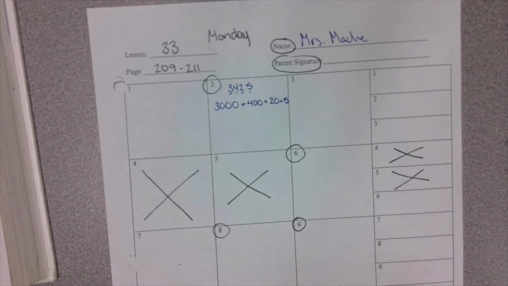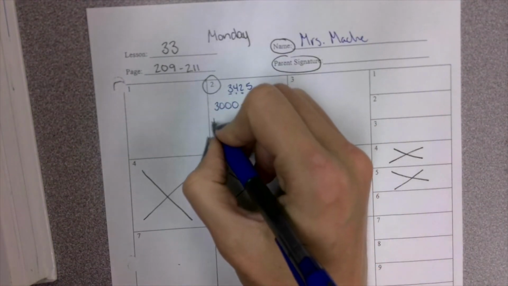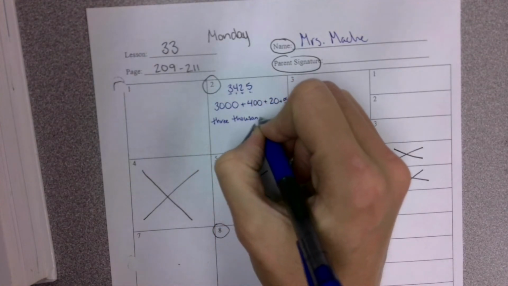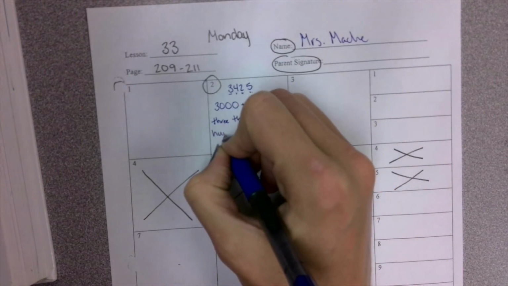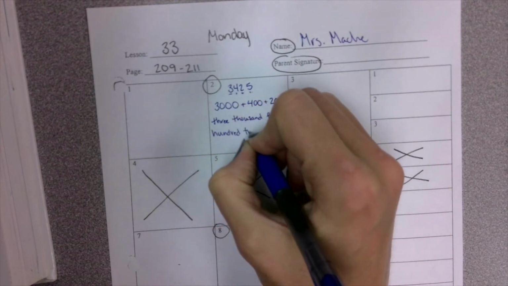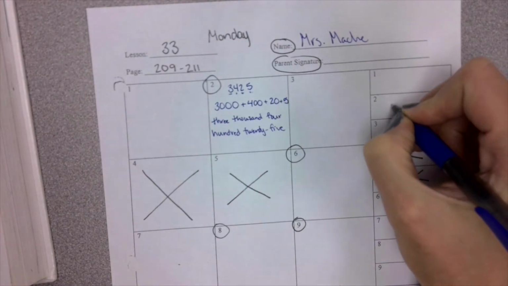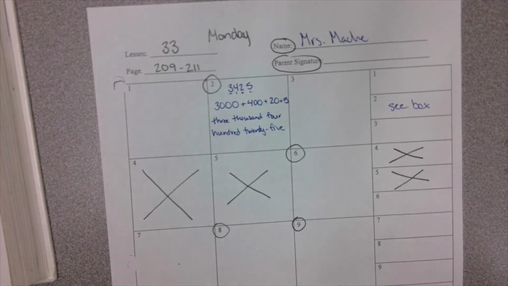Okay, so that's our expanded form. Then we need to write 3,425. That is a great C box one, especially if you wrote it neatly in this box.